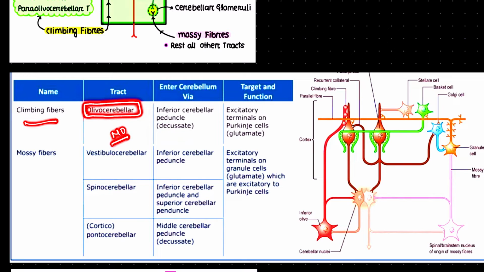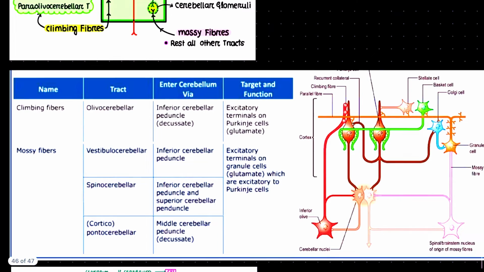We'll go into the diagram, don't worry, it will be clear. They enter the cerebellum through the inferior cerebellar peduncle, and there they dissociate. Their function is to excite the Purkinje cell by releasing glutamate.